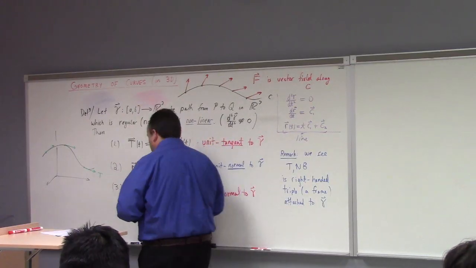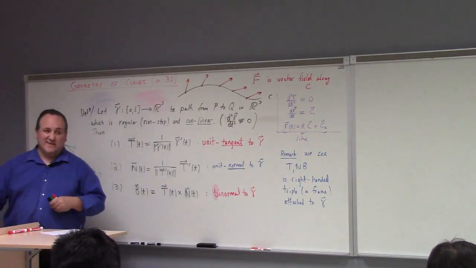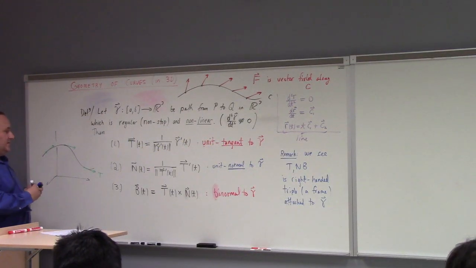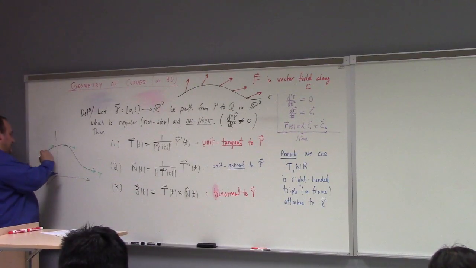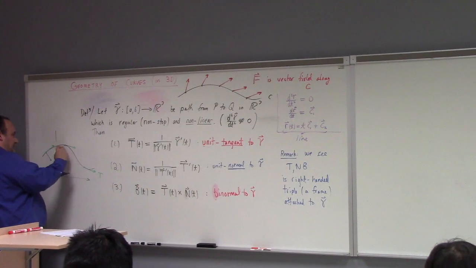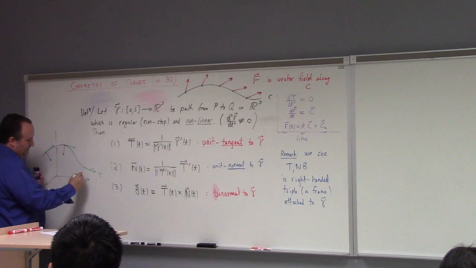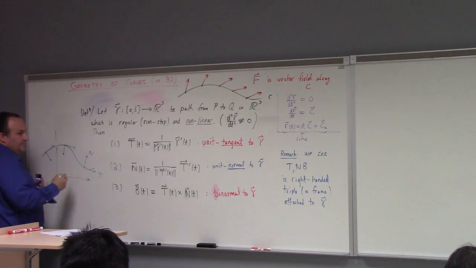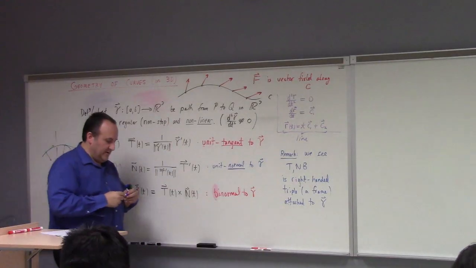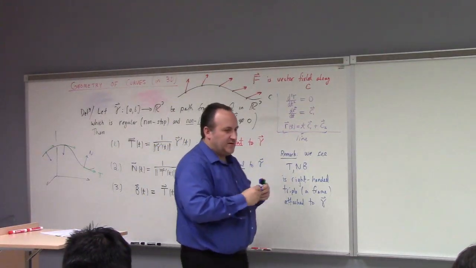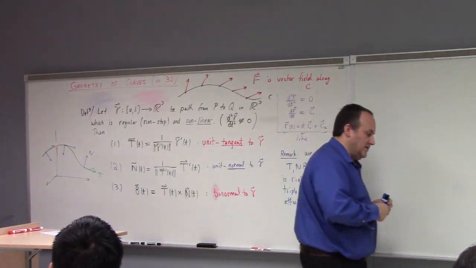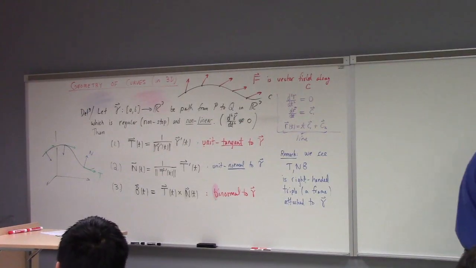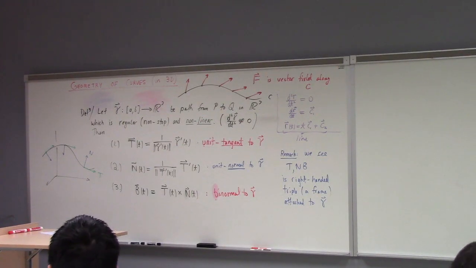And so it turns out that N actually has to be perpendicular to T. And so N points like this, basically. Here's your N. It's perpendicular to T, and if you could fit a circle to the curve, it would point towards the center of that so-called osculating circle.